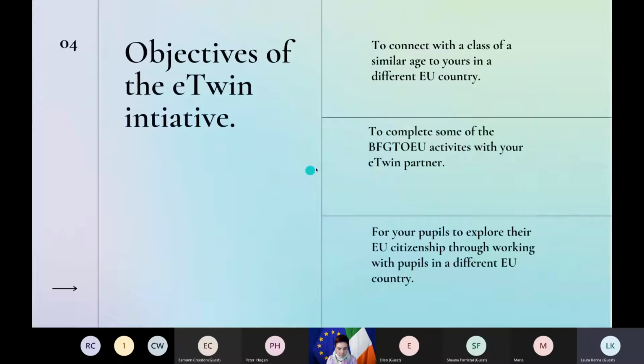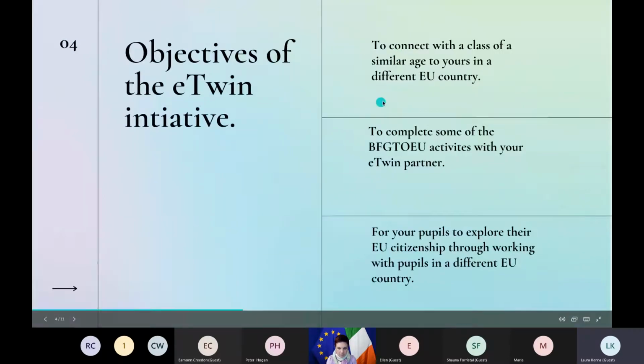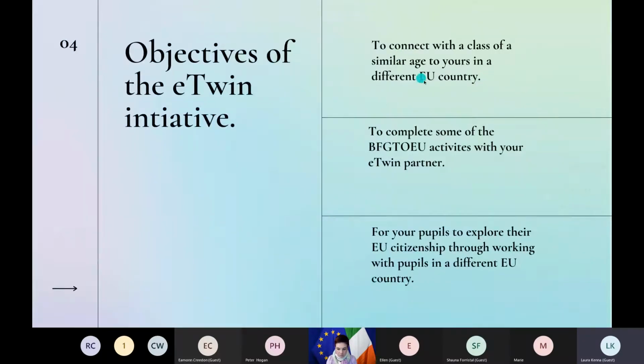The objective is that you will complete some of your BFGTOEU activities with your eTwin partner, and that your pupils will explore their EU citizenship through working with pupils in a different EU country.